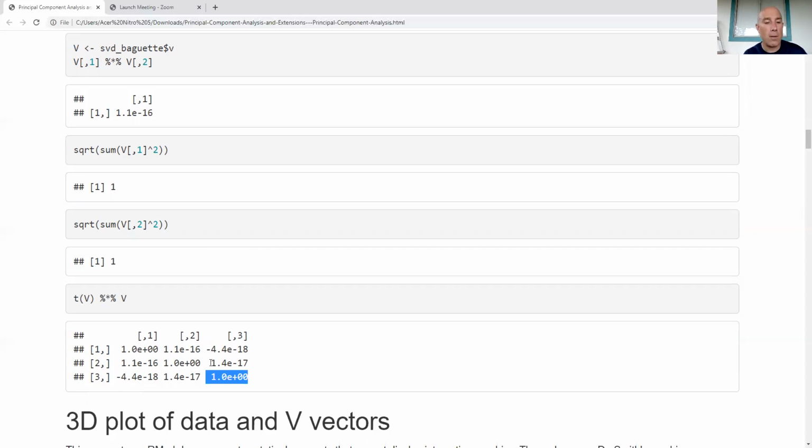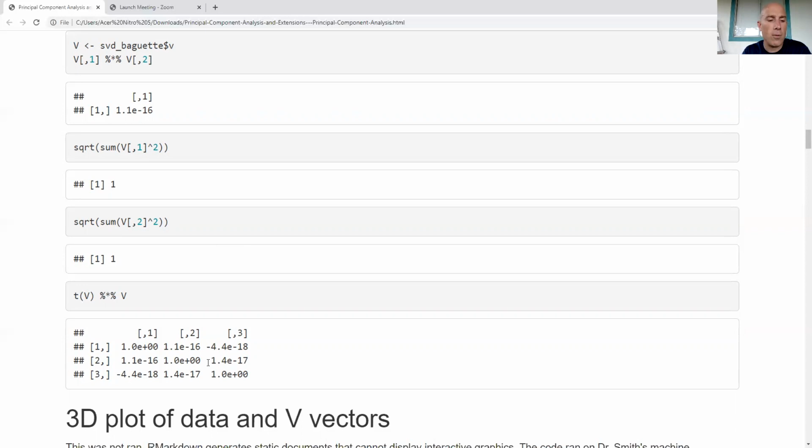This e to the -17 in scientific notation is like 16 zeros, a point, 16 zeros, and then a 1. That's so close to 0 that we just call it 0 for all practical purposes. This is because of numerical inaccuracy with the machine. You're never going to beat this. This is close enough for any real application.